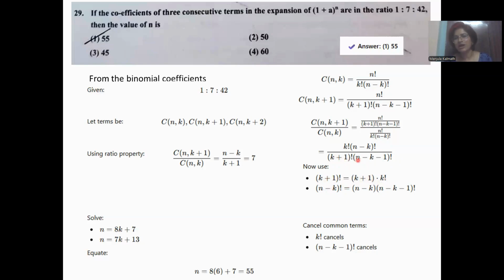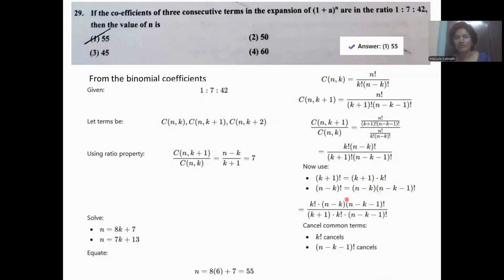And then next we have n minus k factorial. This can be written as n minus k into the previous term: now it is 5, so the previous is 4, which here is n minus k minus 1. We have to reduce 1 here. So n minus k factorial can be written as n minus k into n minus k minus 1 factorial.